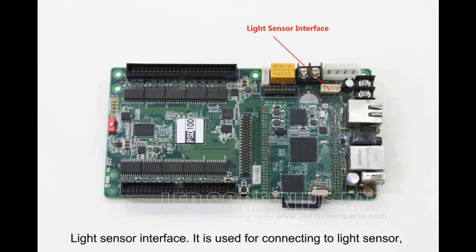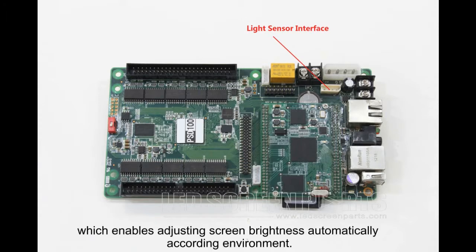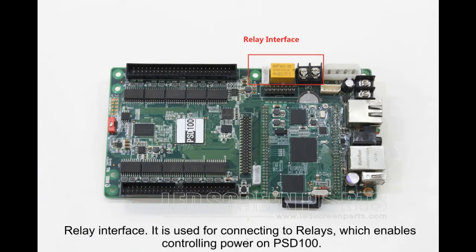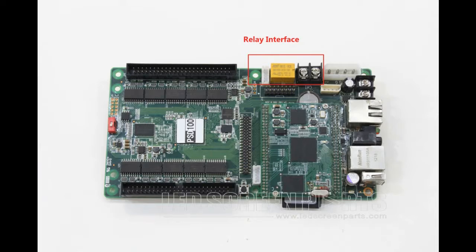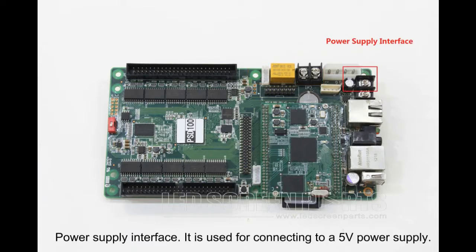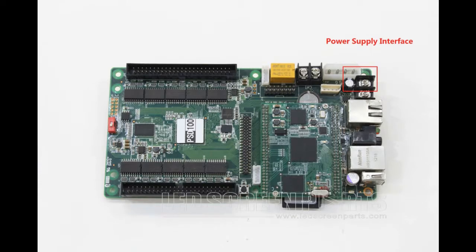LED sensor interface is used for connecting to a LED sensor, which enables adjusting screen brightness automatically according to environment. Relay interface is used for connecting to relays, which enables controlling power on PSD100. Power supply interface is used for connecting to a FAT-V power supply.